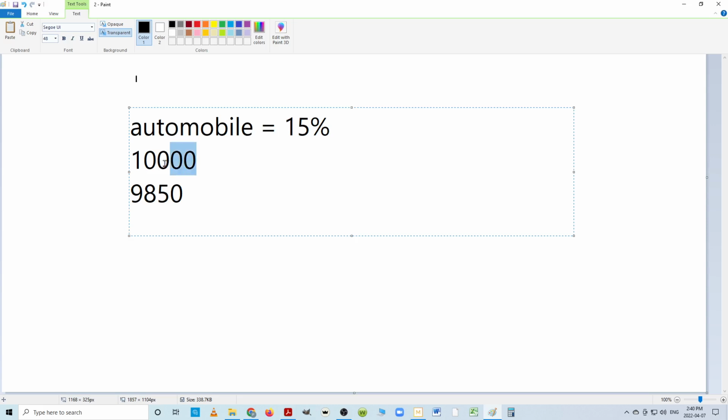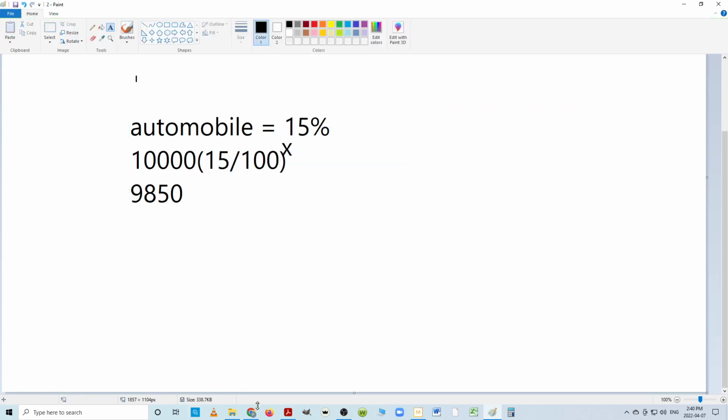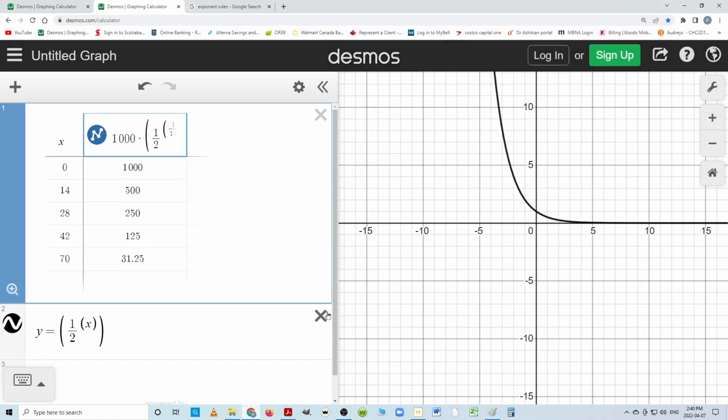So in this case, if this is the initial amount of the car, and you might say, well, how is 15% represented in a decay curve? Well, it's the decay of 15 over 100. So if I say it's every year, I can use this as the base and put it to the power of x and multiply it by 10,000.